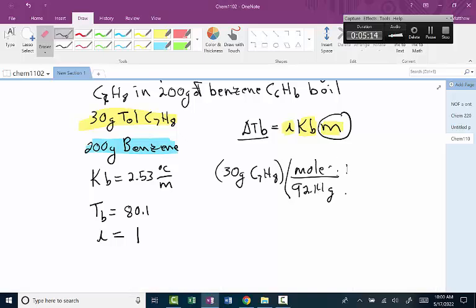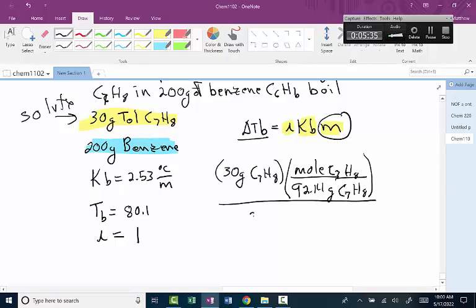That gives us moles of C7H8, divided by 92.14 grams of C7H8. And that gives me the moles of the solute. This is our solute, and our solvent is benzene, divided by 200 grams of benzene, C6H6. And that is the molality.